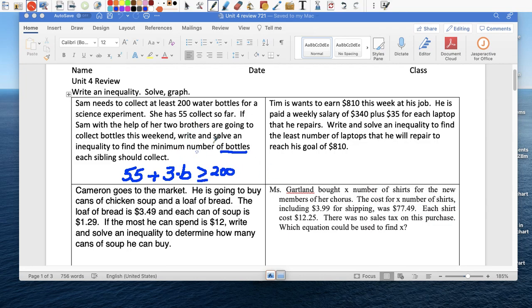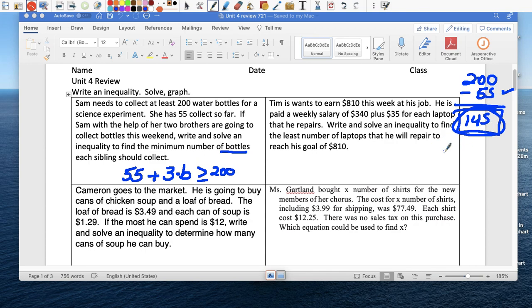So how many bottles do they each need to collect? Now think about it. If we weren't doing inequalities, and I asked you, you have to collect 200 bottles and you already have 55, one of the things you would probably do is subtract. You'd say, I already have 55, so I need 145 more, at least 145.